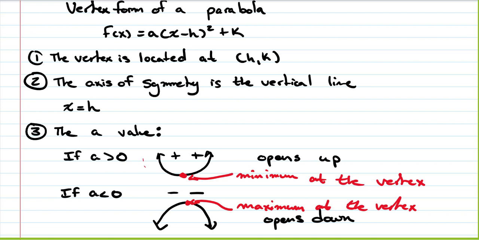The a value also tells us if we have a maximum value or a minimum value. And the maximum or minimum is always located at the vertex. So, as we can see, it seems like the vertex is a very, very important point.